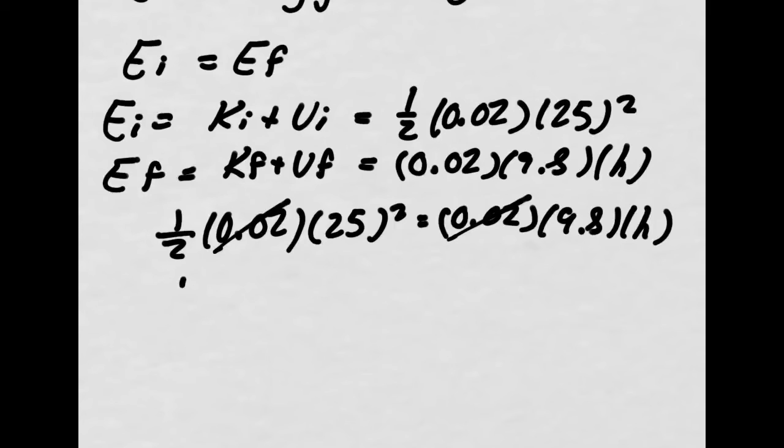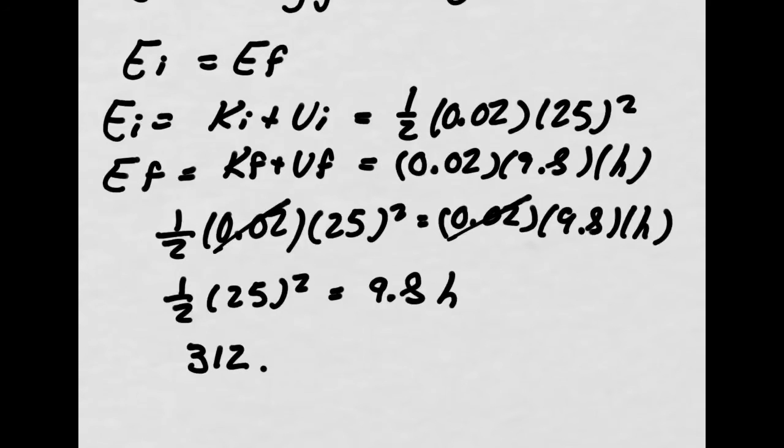So we have 1/2 25 squared equals 9.8 times h. So 25 squared is 625 divided by 2. This left-hand side is 312.5.